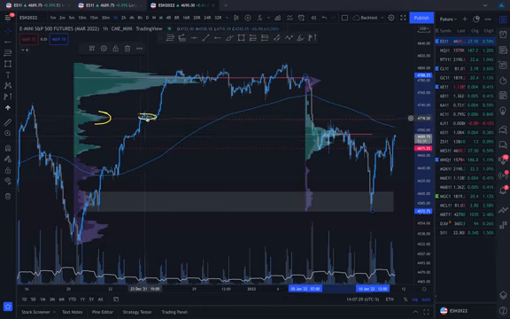We want to recognize that these areas of high volume are going to be areas where price has trouble getting through. So if, for instance, I'm looking to go long here, I'd either want to wait until price comes down to test the top side of a previous high volume area where I can lean against that volume as support, because we know price is going to have a hard time getting through that.